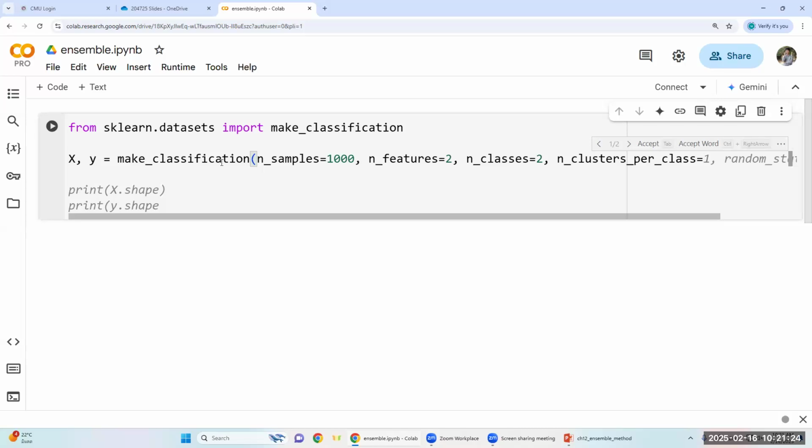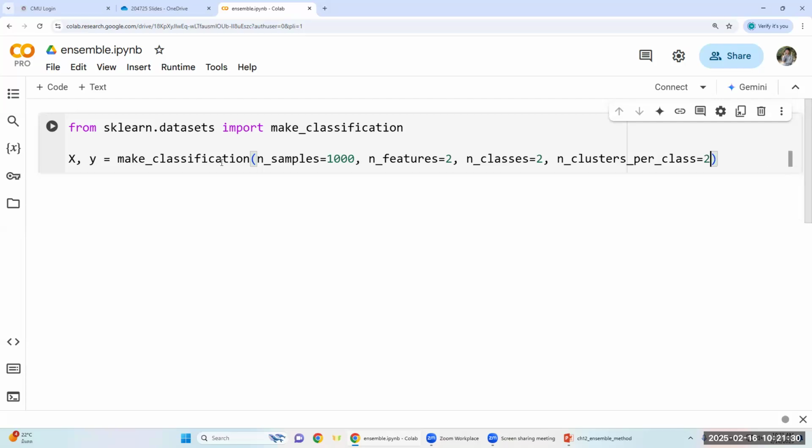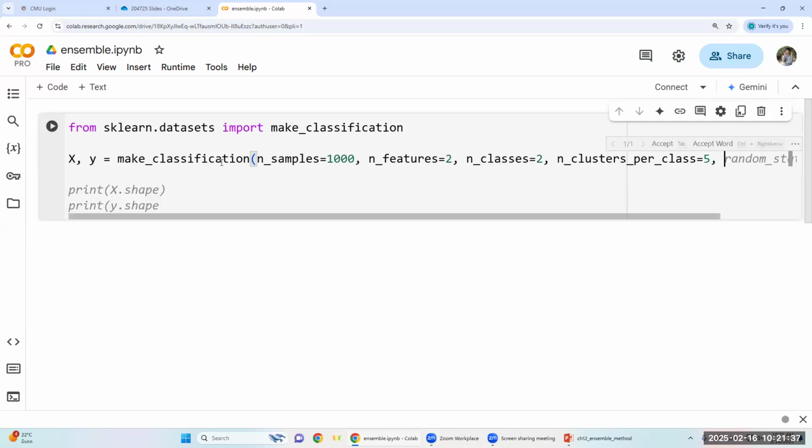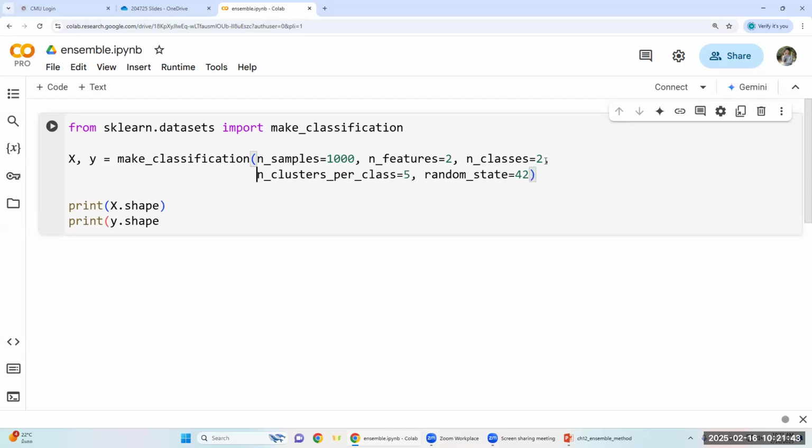So let's try about five clusters per class, right? And then we can have the random state. Let me make it so that it's harder. Because it's going to generate at random, you can pick the same number so we have the same result.